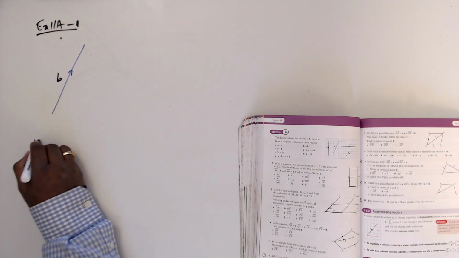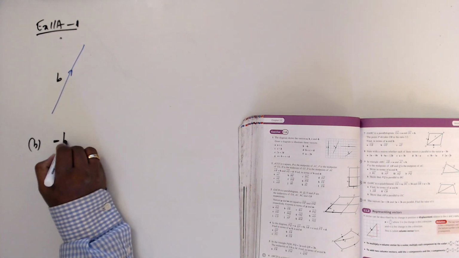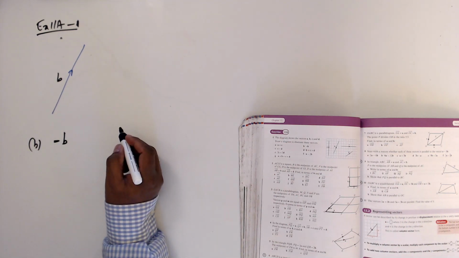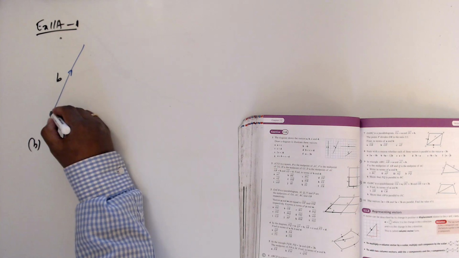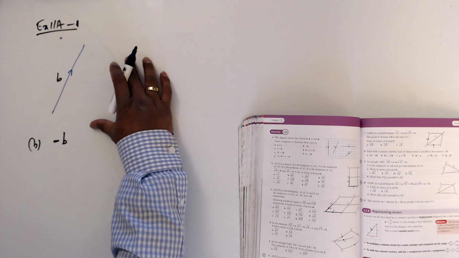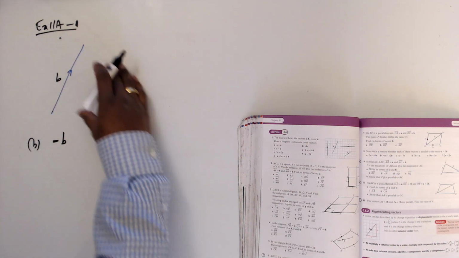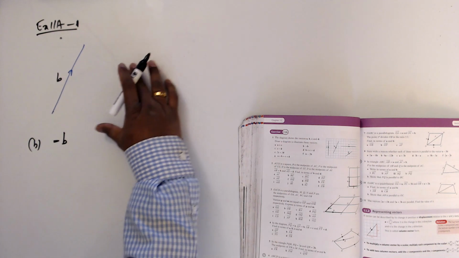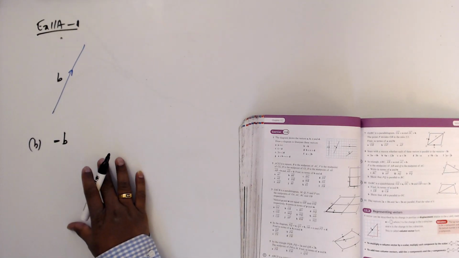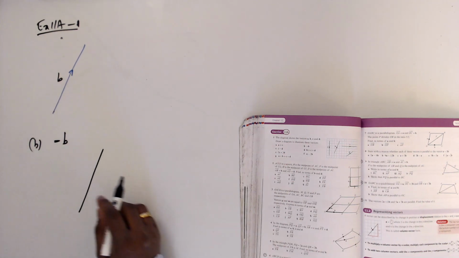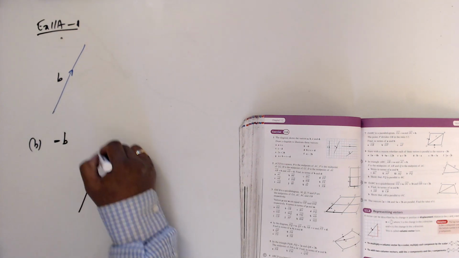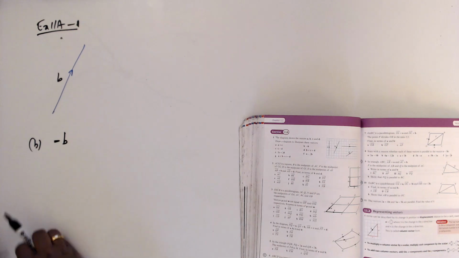The next part is B minus B. So minus B from here to here. So I don't need to delete this one. I will draw a similar vector. This is not right. This is not parallel.